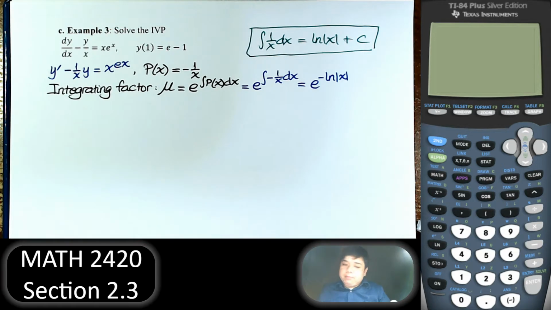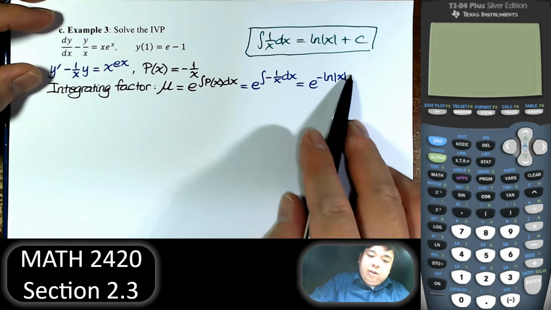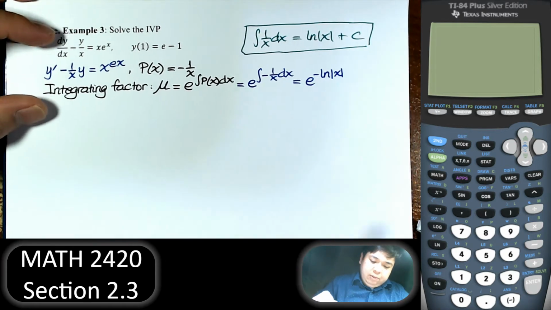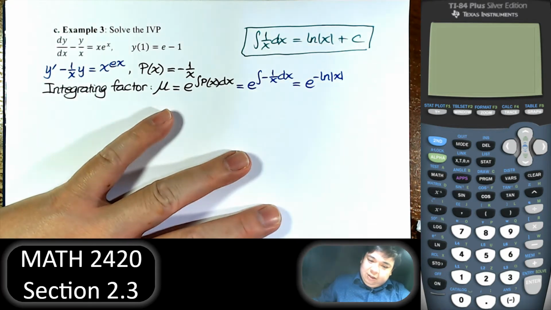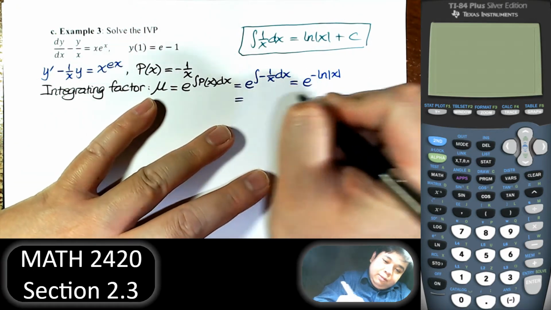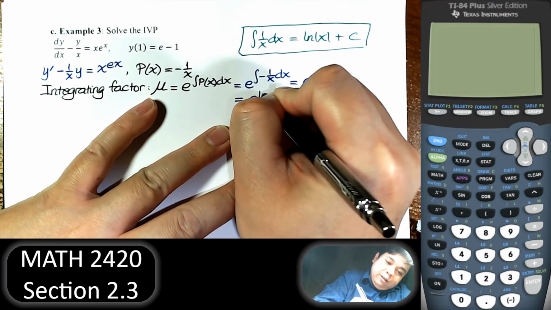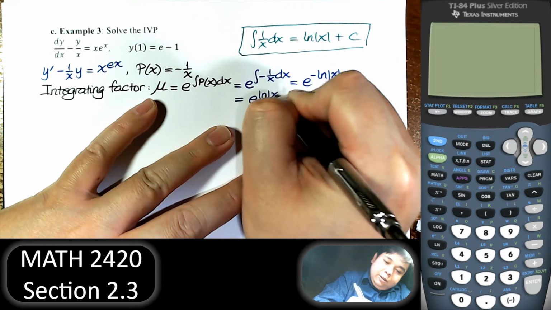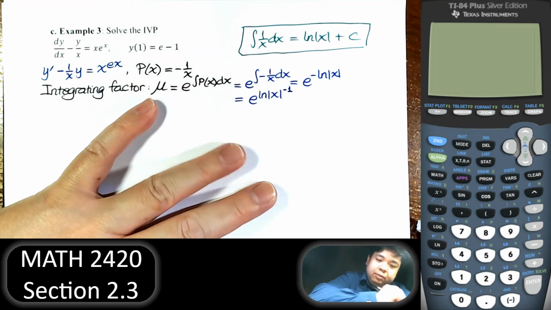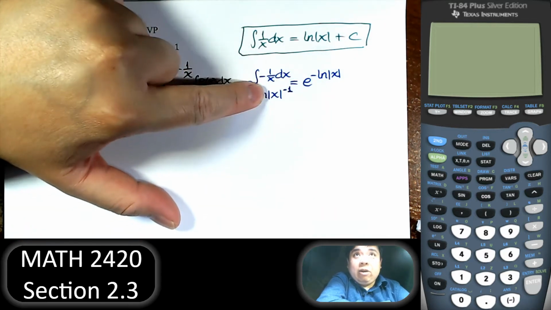Right. Now, the negative can move to the outside. So we move the negative, and the e and ln cancel out.